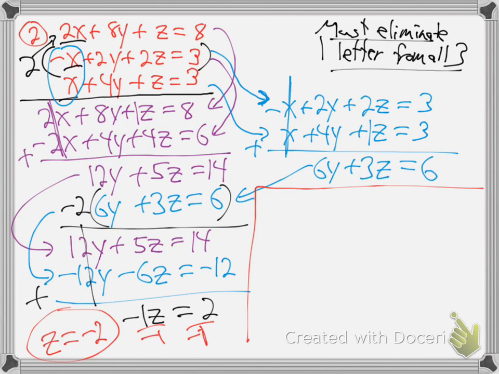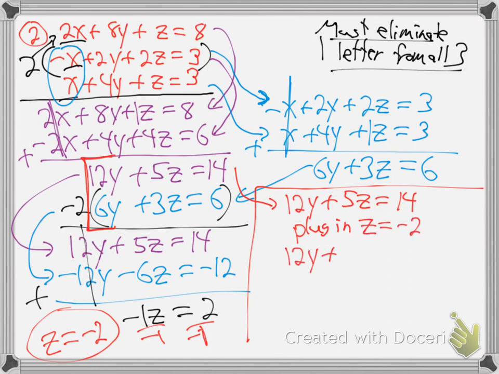Now that we have one letter, we go back to right here where we had the two equations with two letters, and plug in. So I'll just grab the first one of those. That was 12y plus 5z is 14. And plug in. Z is negative 2, so 12y plus 5 times negative 2 equals 14.